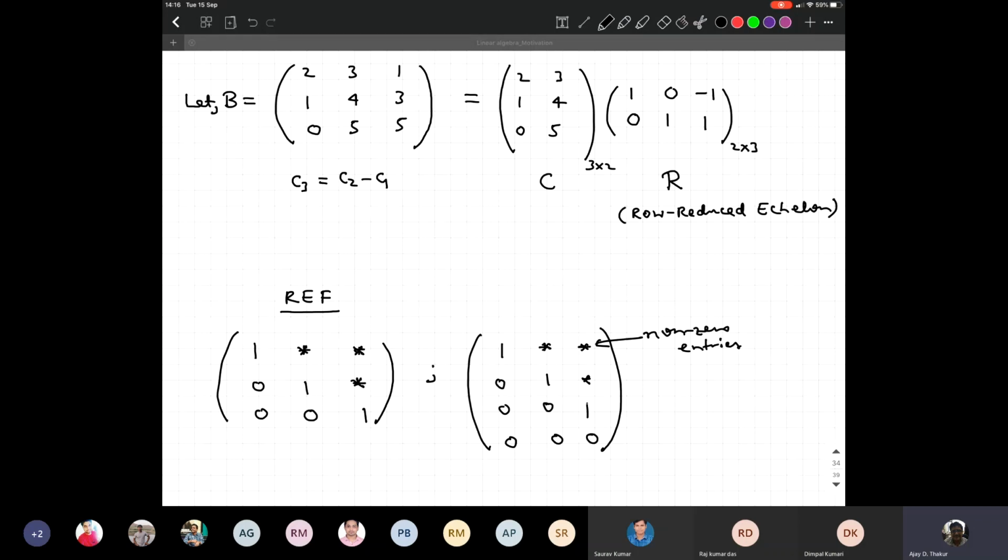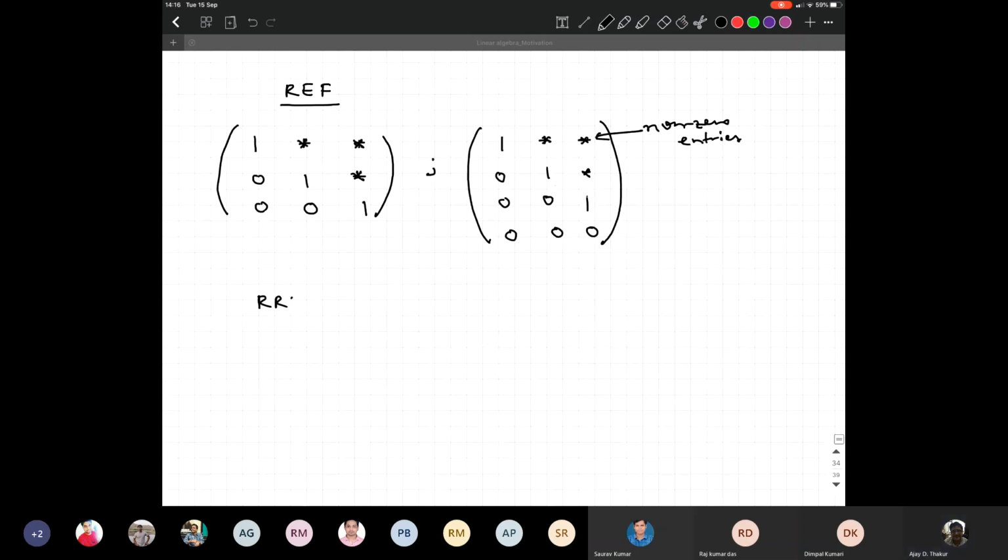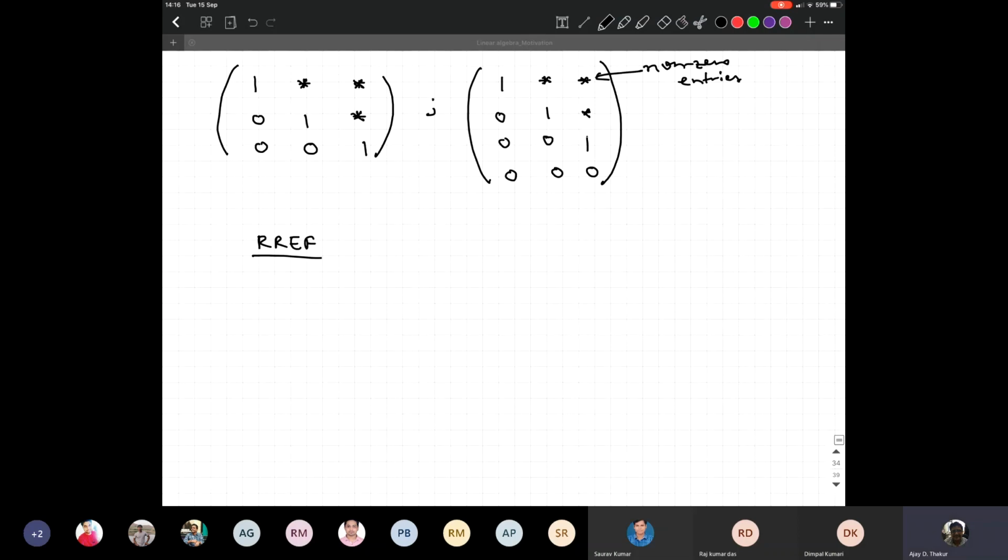So the reduced row echelon form has an additional condition: if we have these 1, 1, 1 and the members below them are 0, the members above all of these ones should also be 0. Okay, so that is the criterion. Even these have to be 0.